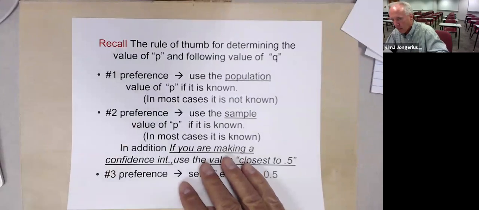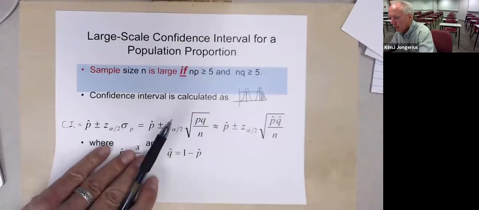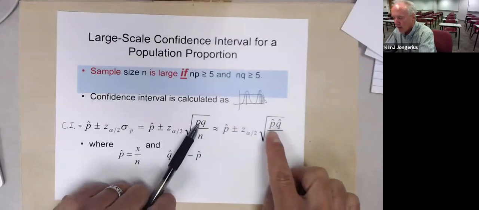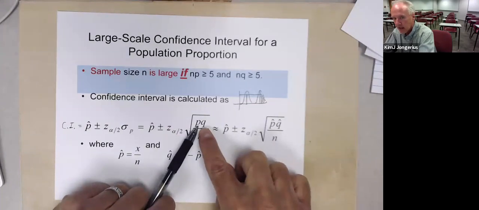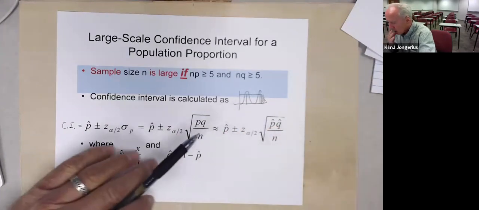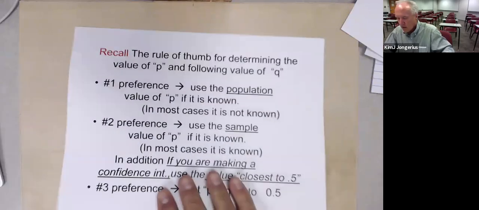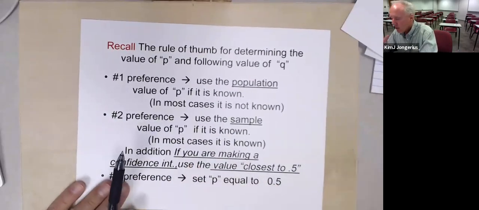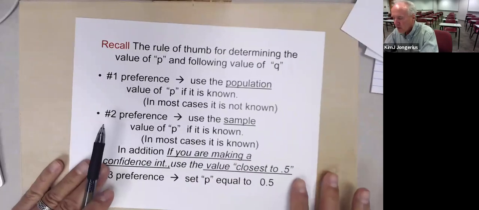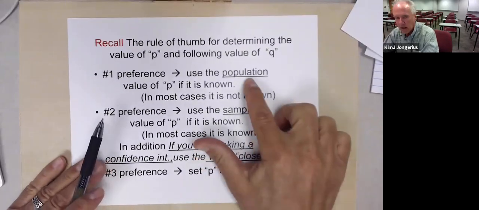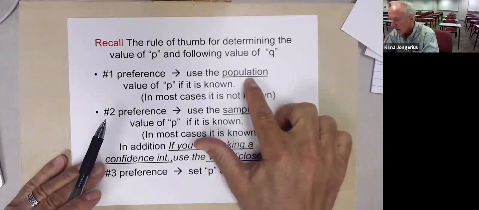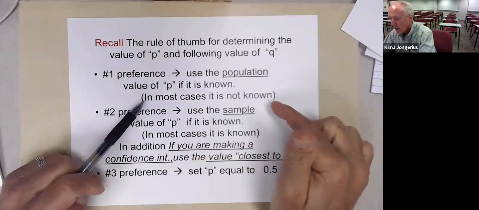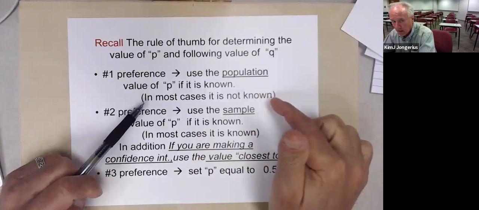I'm going back now to the old slide. I'm referring to whether or not we use this adjusted standard deviation or this one. You've seen this rule of thumb before. Our first preference, you recall, is to use the population proportion or an estimate of that. Most cases, it is not going to be known.